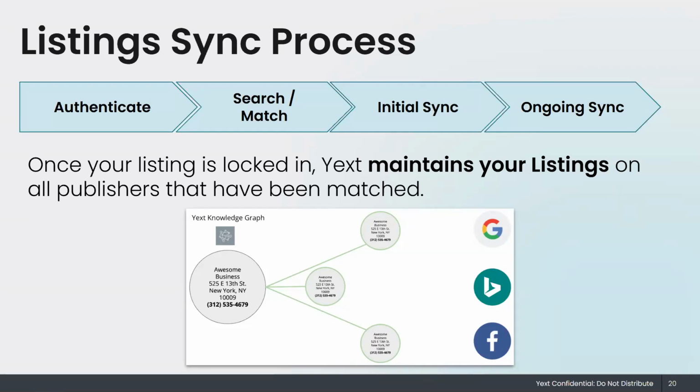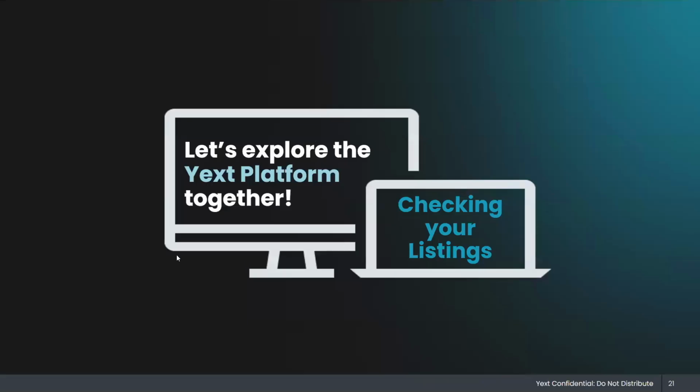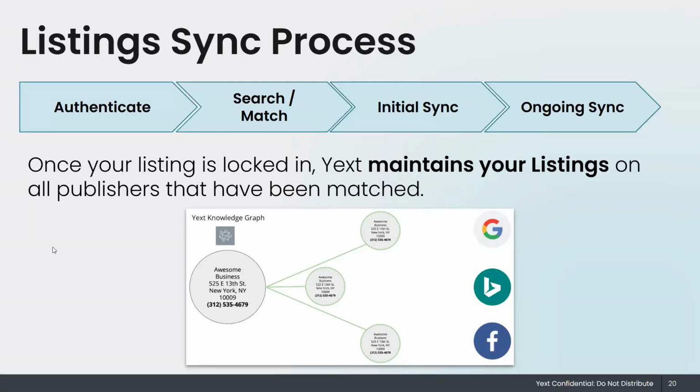So once you've updated the information in Yext and you've clicked save, that information is automatically pushed out to those listings. To summarize, we authenticate by getting access to your business profile accounts via the linked account section. We do a search and match on name, address, phone number. We then sync the information from the knowledge graph, and then there's the ongoing sync as well.